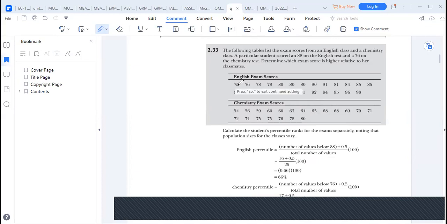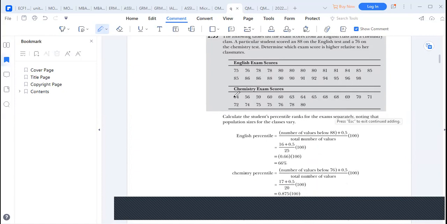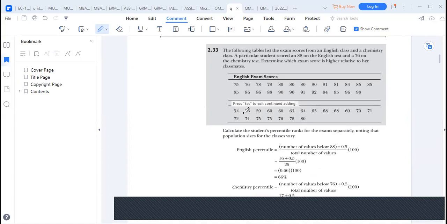How many are they? 1, 2, 3, 4, 5, 6, 7, 8, 9, 10, 11, 12, 14, 15, 16, 17, 18, 19, 20, 21, 22, 23, 24, 25. Then here, chemistry. 1, 2, 3, 4, 5, 6, 7, 8, 9, 10, 11, 12, 13, 14, 15, 16, 17, 20. So here there's 20, there's 25.